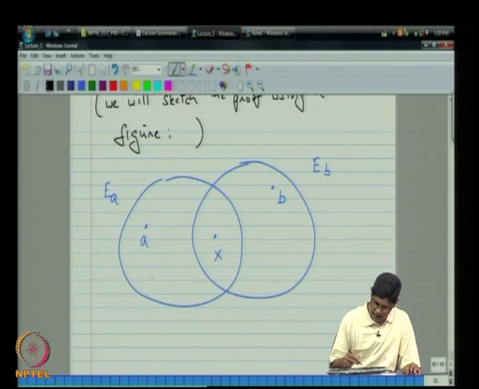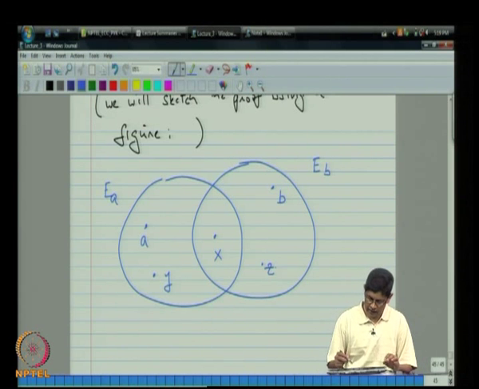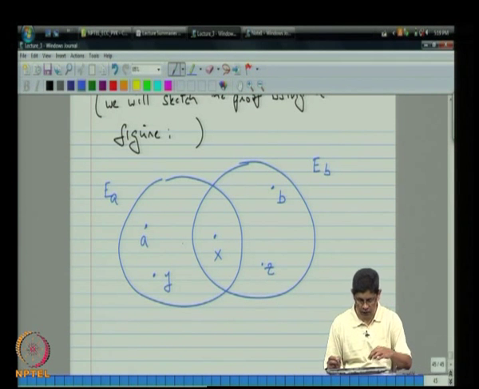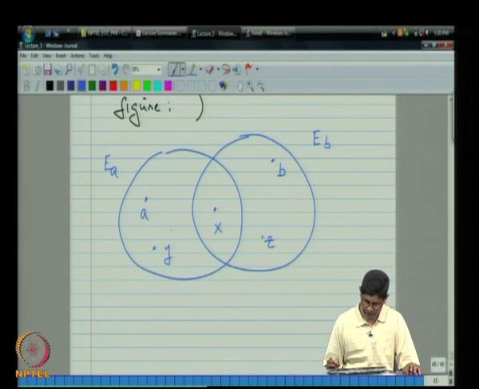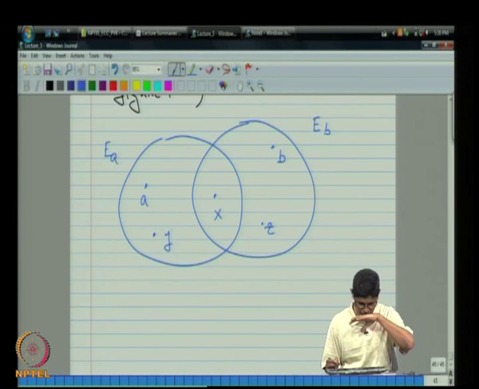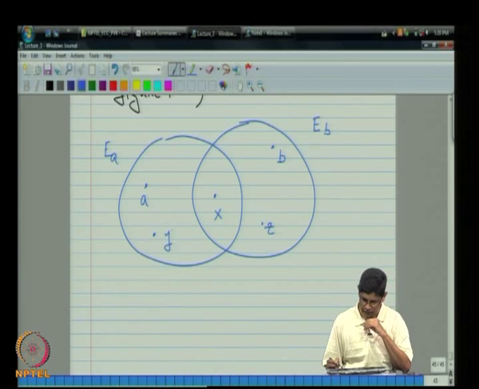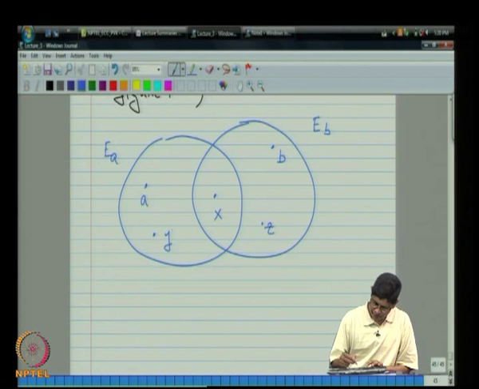Let us call these Y and Z. Since E_A is not identically equal to E_B, this must be the case.